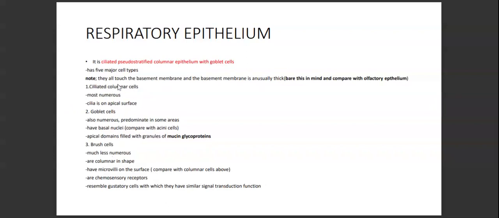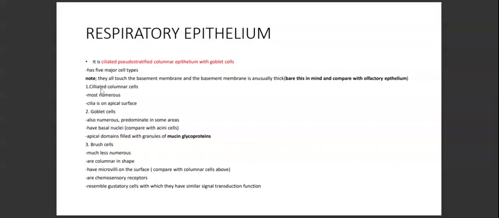As the name suggests, they have cilia on the apical surface and are the most numerous of the five types of cells found in this epithelium. So that is all you have to know about these ciliated cells: they have cilia on the apical surface. The cilia are not on the basal surface, so pay attention to where the cilia are. It's on the apical surface, not the basal surface.